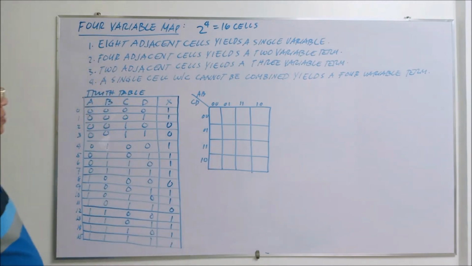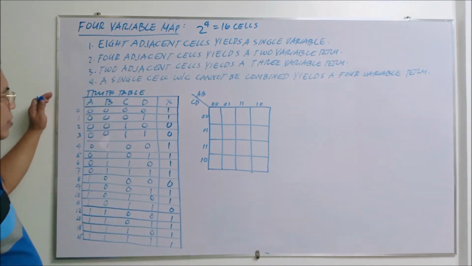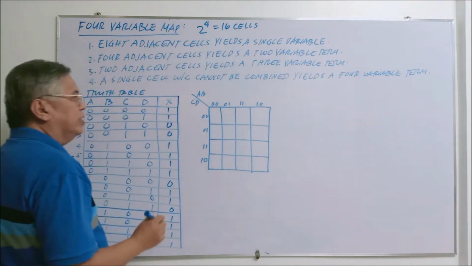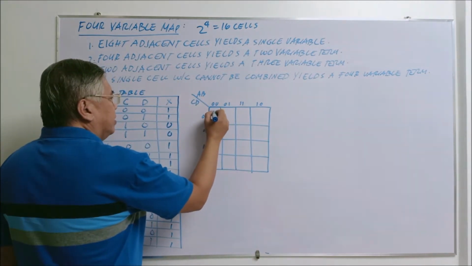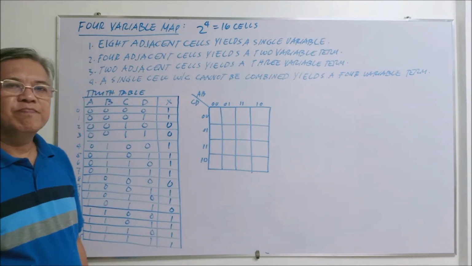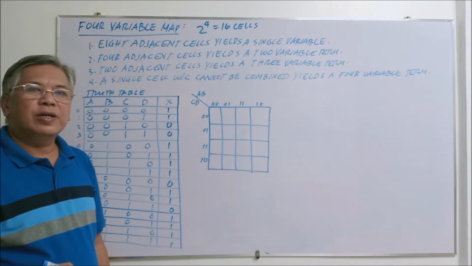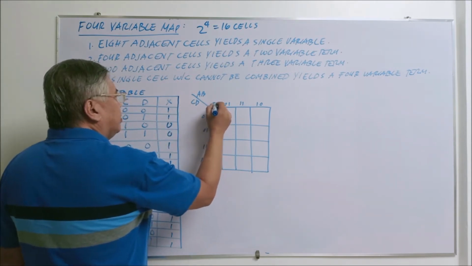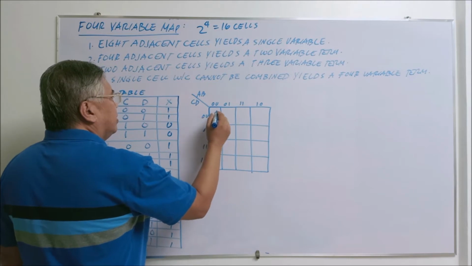Okay, then all we have to do now is to determine the value here of your cells. So you have A, B. Let's say we obtain what we call the product term of the map. So you have A is 0, B is 0, C is 0, and D is 0.